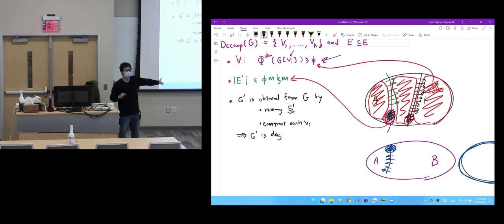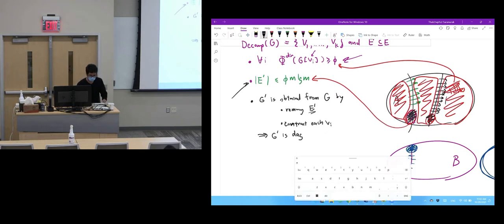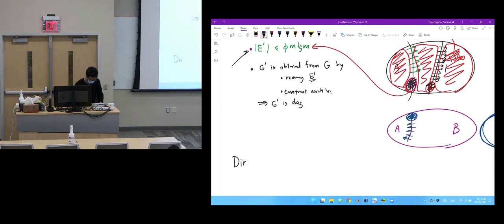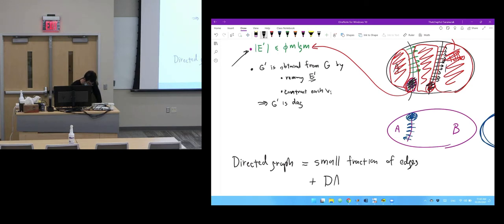In the directed graph, it's not as simple, but it's still kind of nice to know that every directed graph, if you remove a small fraction of edges from the graph, is a DAG of expanders. This is the case for every directed graph.